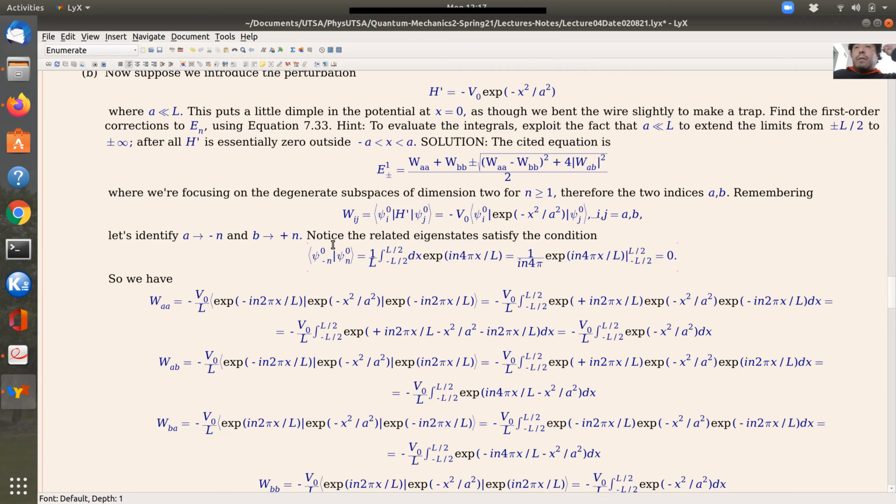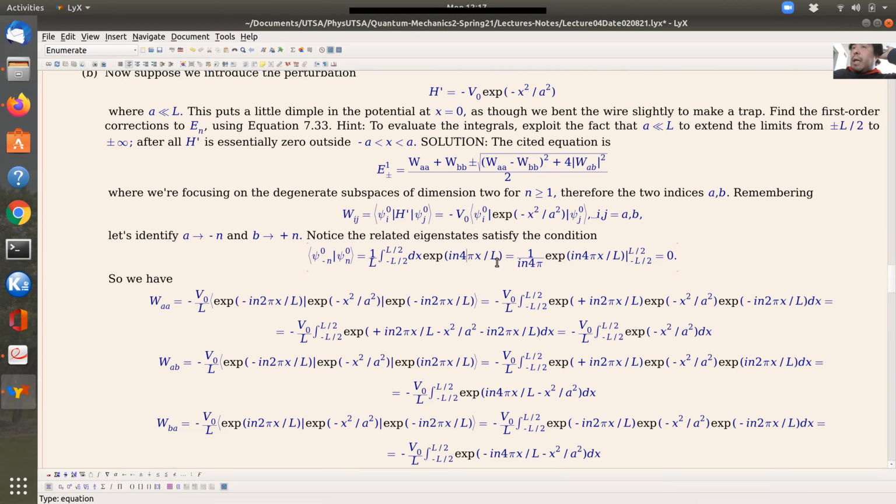I'm going to take the inner product of psi 0 minus n with psi 0 n. So it's the integral, then the square roots come out and they give 1 over L dx. And then if you take the conjugate, basically this becomes psi 0 n, which multiplied with this one, it will be psi 0 n squared. That's why you have a 4 instead of a 2. And well, this is actually easy to integrate. We're in complex variables, but we can do the same kind of substitutions that you did in calculus, or basically the same integrals. So that's why you have the factor of i n for pi.